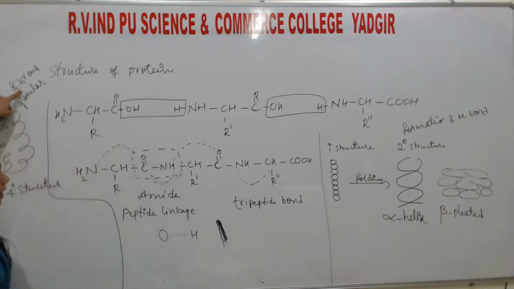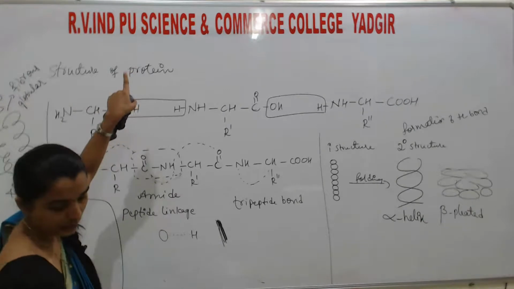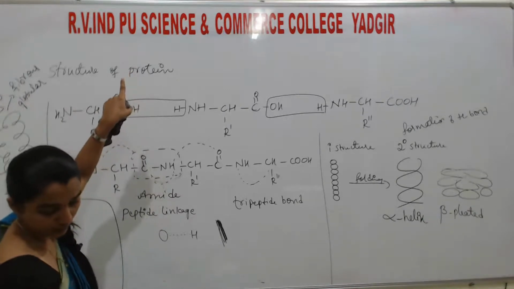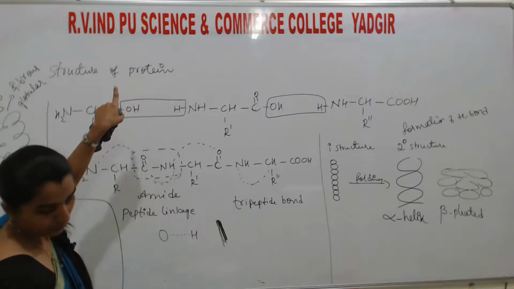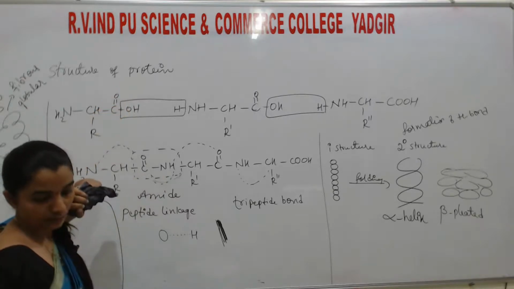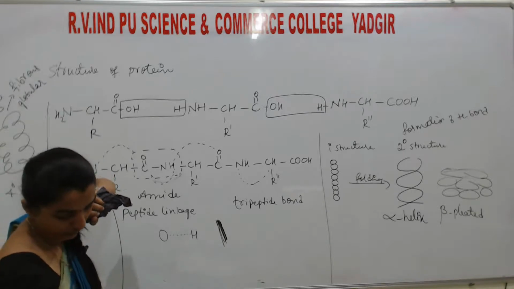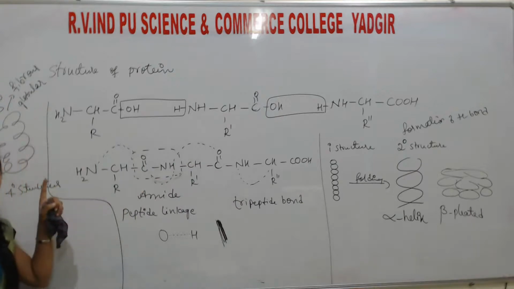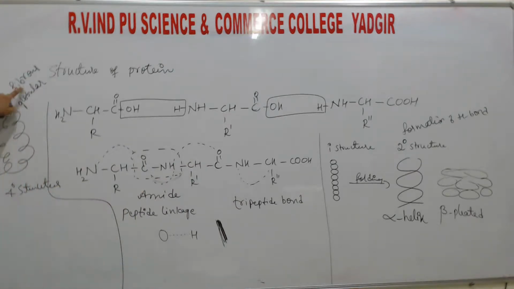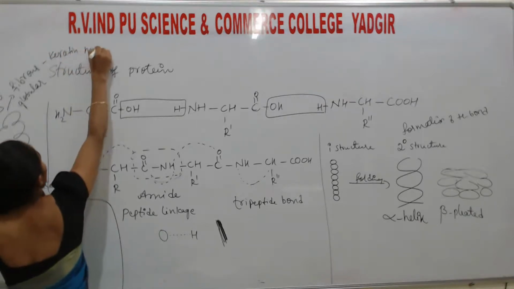The example is keratin, and another one is myosin, which is present in muscle.